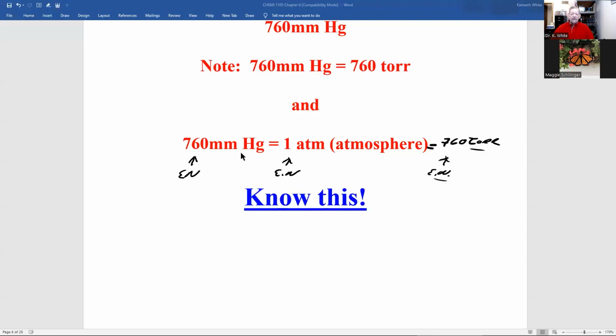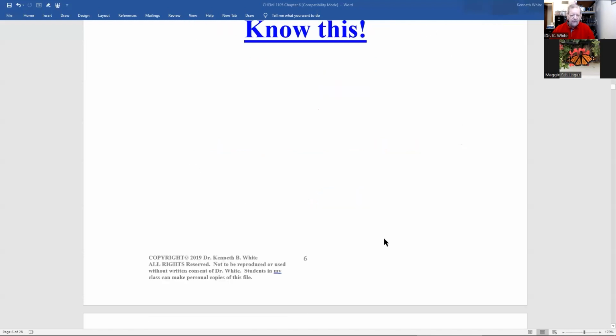And remember, 760 millimeters of mercury, mm means millimeters, Hg mercury, equals 1 atmosphere, ATM means atmosphere, equals 760 torr.